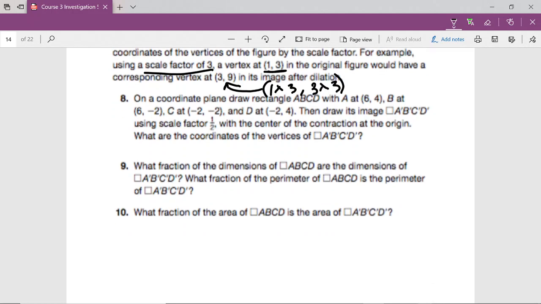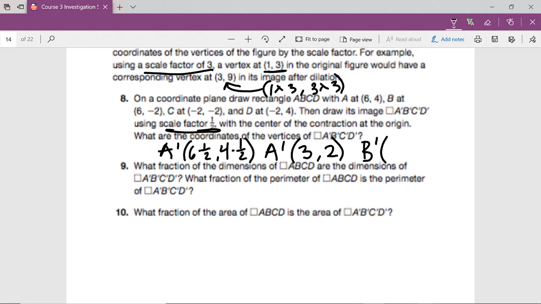Okay, so if A is at 6, 4, and I want a scale factor of 1/2, I am going to do A prime at 6 times 1/2, 4 times 1/2. So A prime must be at 3, 2. B prime, I'm going to take half of 6 and -2 and get it at 3, -1.